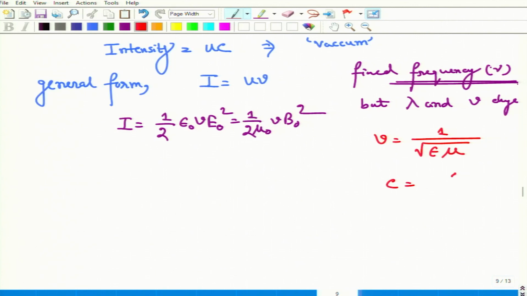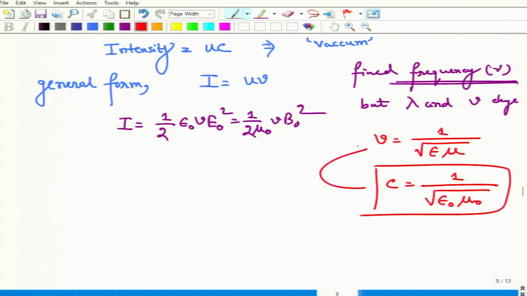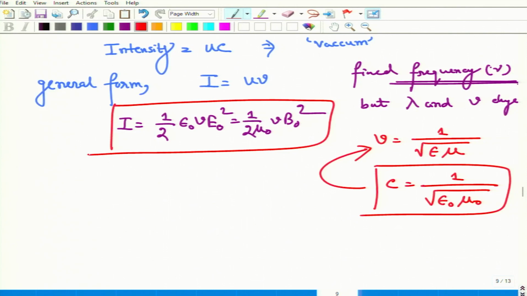We know that the form of c is 1 by root over epsilon naught mu naught; this is for free space, vacuum. If it is not free space, that is a medium, then it is reduced to this form of the velocity. We can replace the values here, but this is the general expression of the intensity.